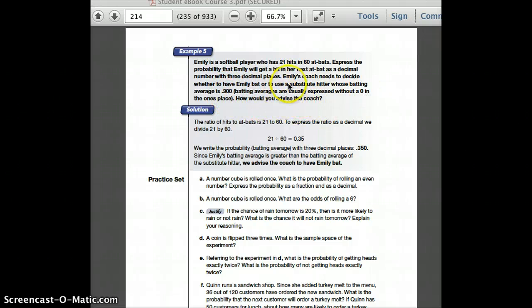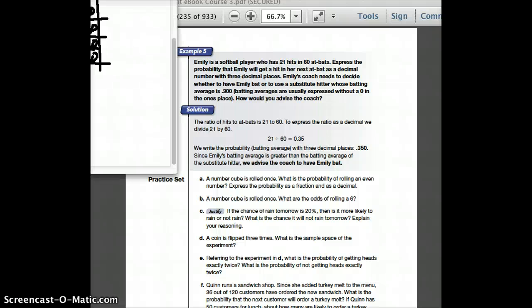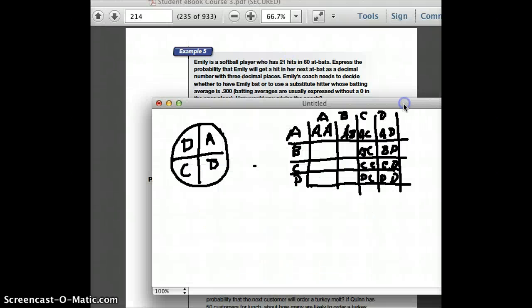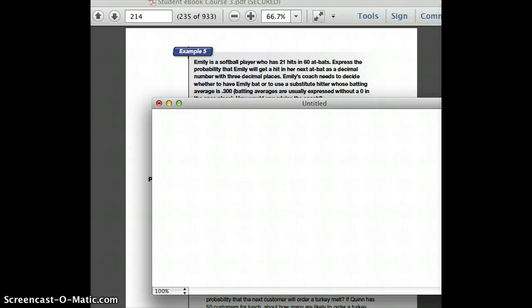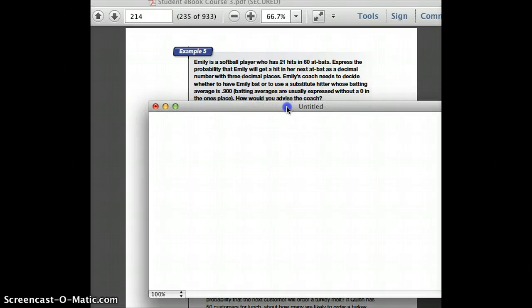So we need to find out what Emily's batting average is. She has 21 hits out of the total, which is 60.